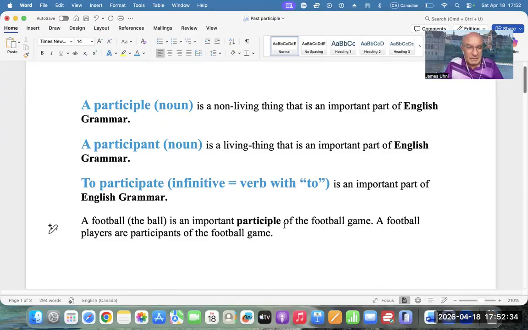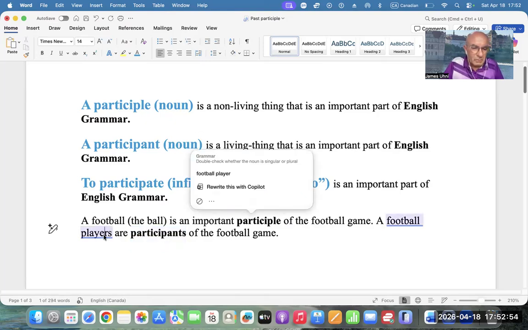Do you see that? Because we have plural over here, I don't need an article in here. I need an article over here, an important participle. I can take players, football players. What did I do wrong?